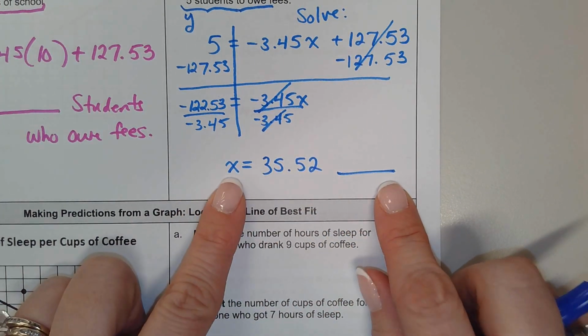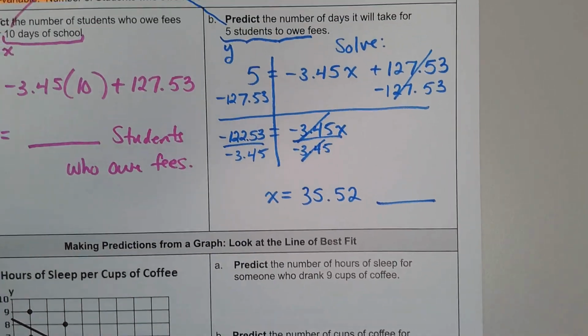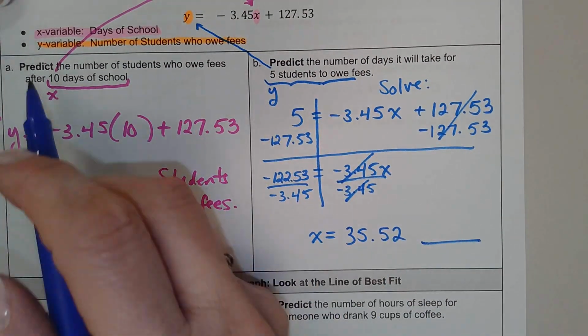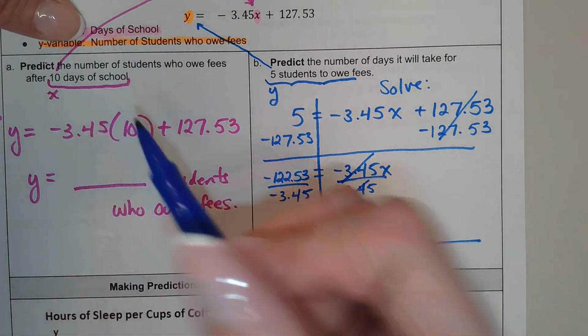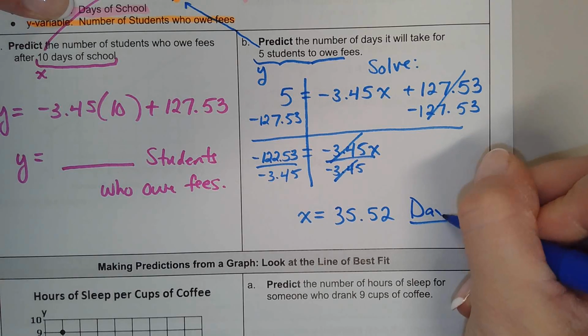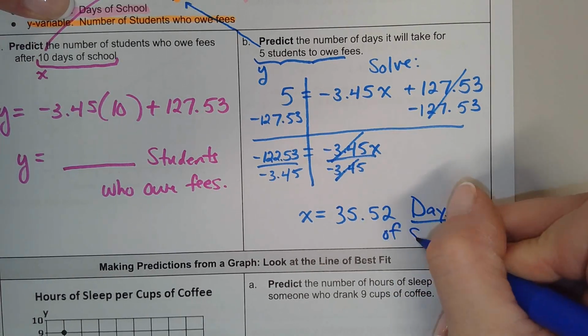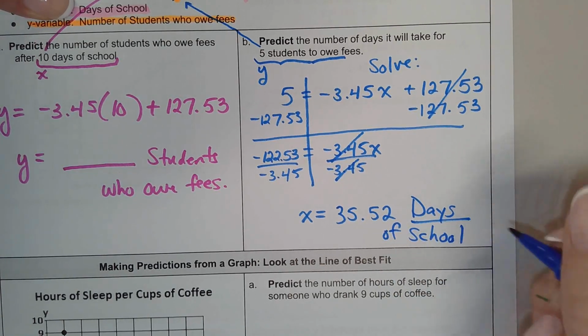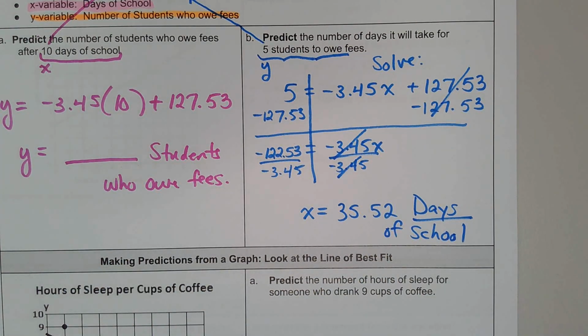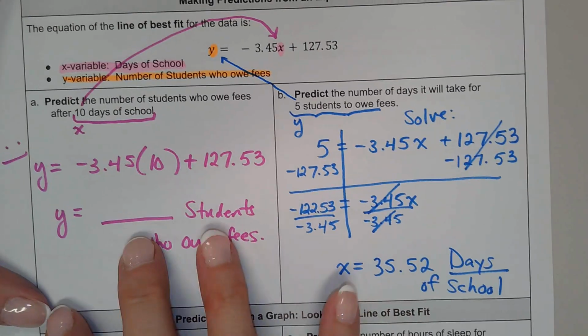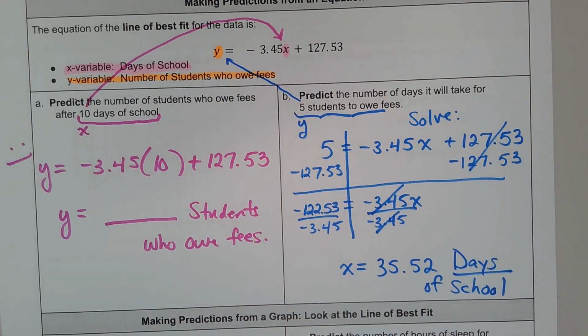I need the words for x. Let's go look at our story because I thought I highlighted this. Right here, the x variable is days of school. That's what you write, days of school. You will have a couple of calculations to do on your test. Sometimes they give you a graph, sometimes they give you an equation, and that's how you do it.